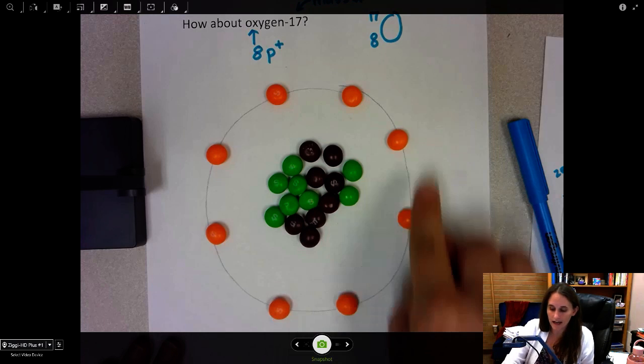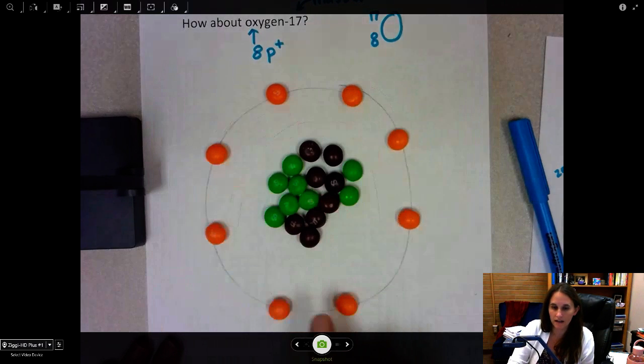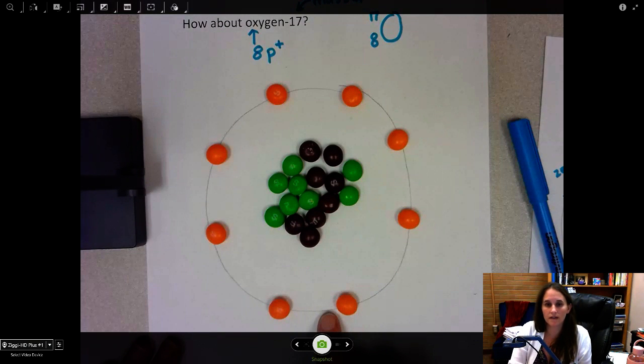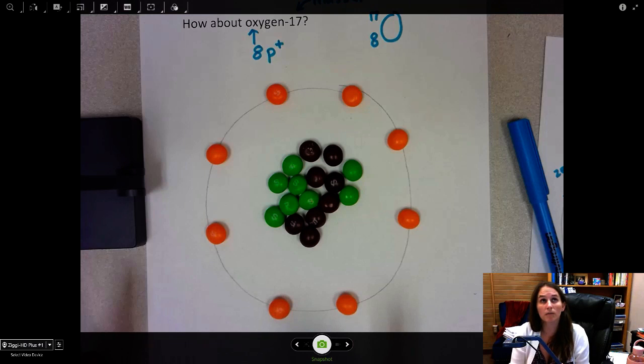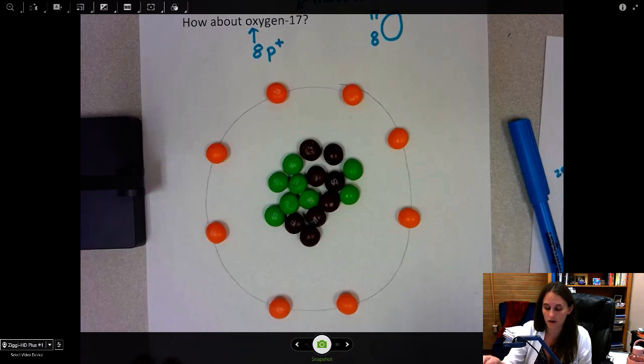So you can see I have 8 electrons. Are all of these valence electrons? No. And we don't have that modeled. So in order to solve that, we can do 2 things. We can look at the periodic table and count, and we're going to find that 6 of them are valence electrons.